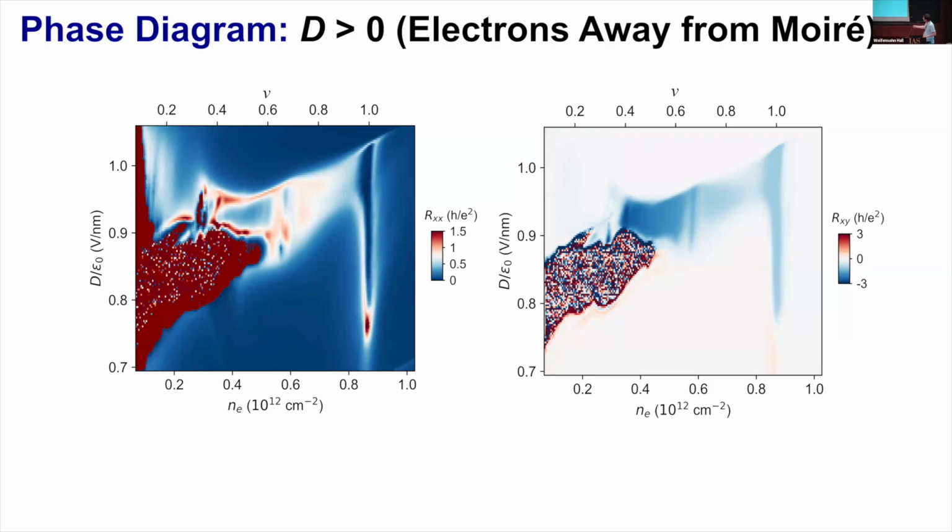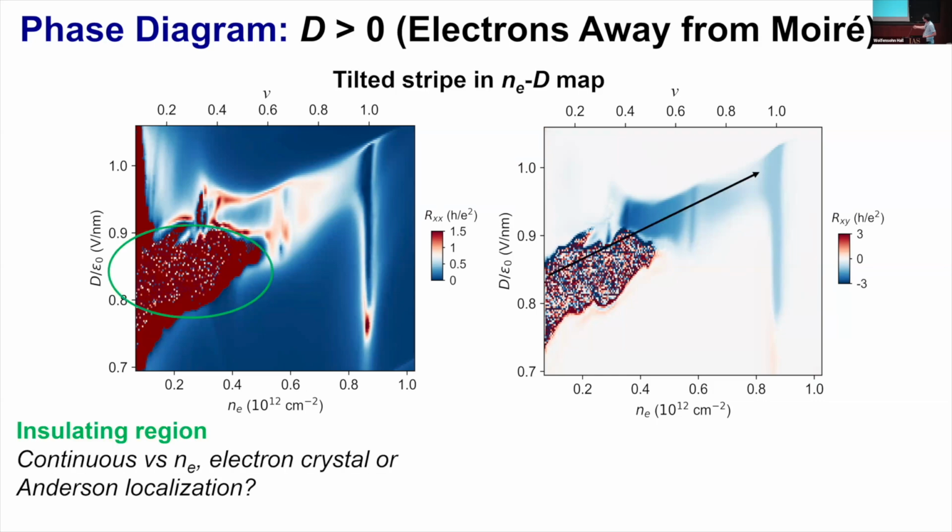The longitudinal resistance shows a big region that is continuous and very insulating. This is really like hundreds of megohms if you go to low enough temperature. And we think, okay, maybe this is a weakened crystal, maybe it's Anderson localization.